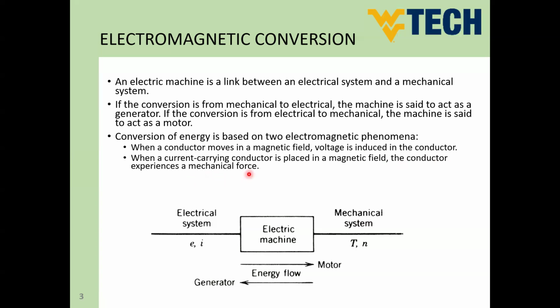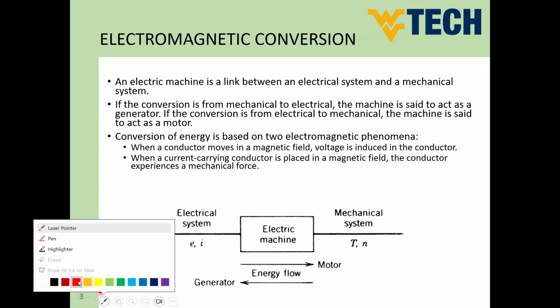This means we generated mechanical power. So this can be considered as the motoring action. Comparing these two phenomena together, guys, you will find that the magnetic field is a key factor in both conversions. As you can see in the first action here, we have a magnetic field.